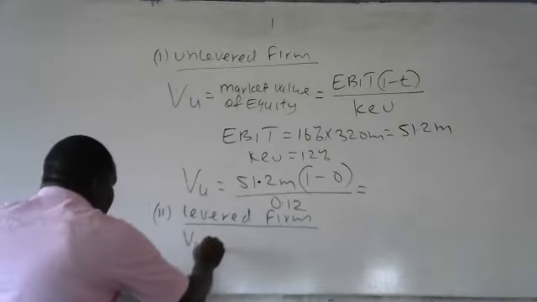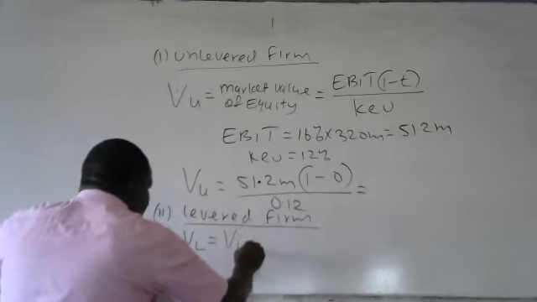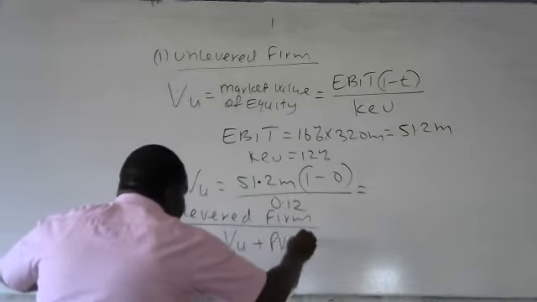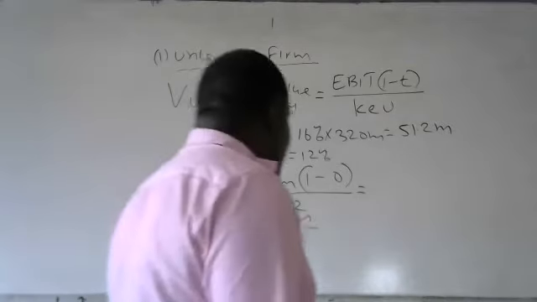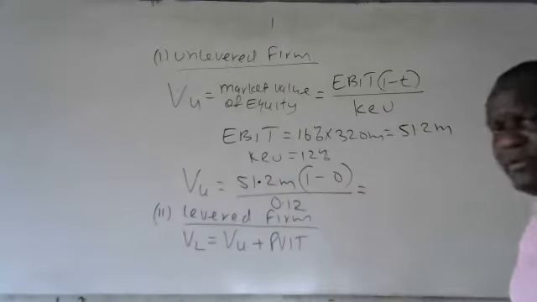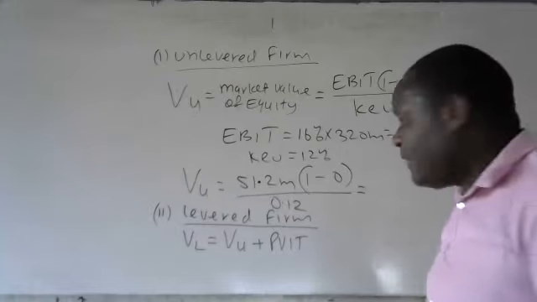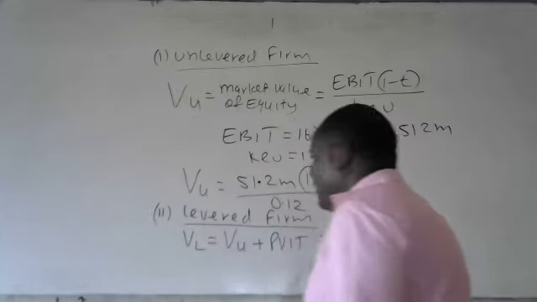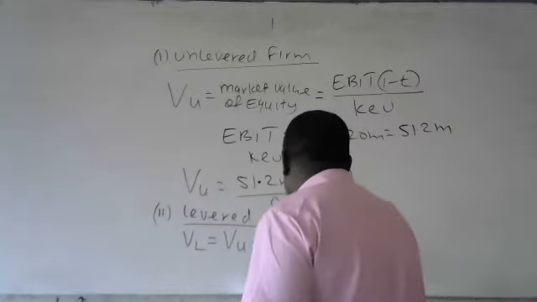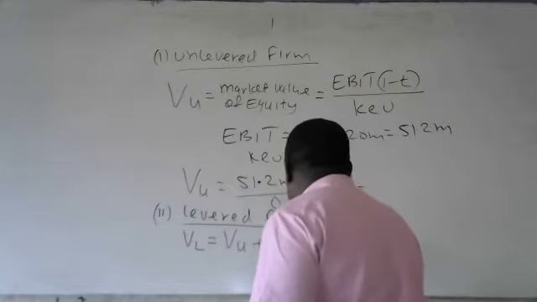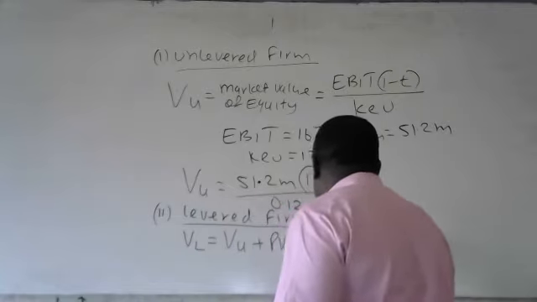To compute the value of the levered farm, it is simply the value of the unlevered farm, which you have just calculated as 426.67 million, then we add the present value of the interest tax benefit.